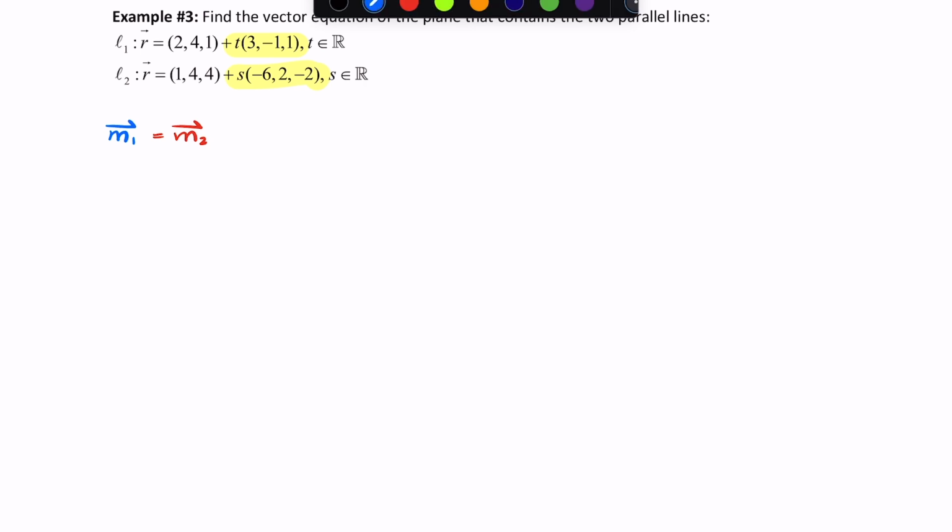So 3, -1, and 1 will be equal to -6, 2, and -2, and we see that because if we divide that by 2, that'll be equal to 3, -1, and 1.